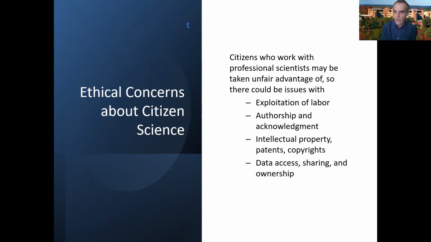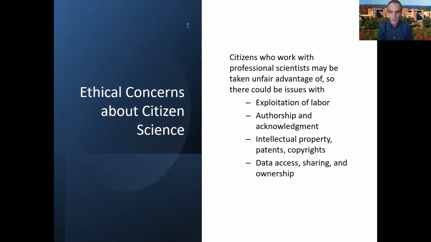So citizens are a great source of labor for researchers, and a lot of research projects could not get done without the labor, the help of hundreds or even thousands of citizen volunteers. This is a great thing. But there is the potential that the labor could be exploited, that people are not sufficiently rewarded for their contributions.